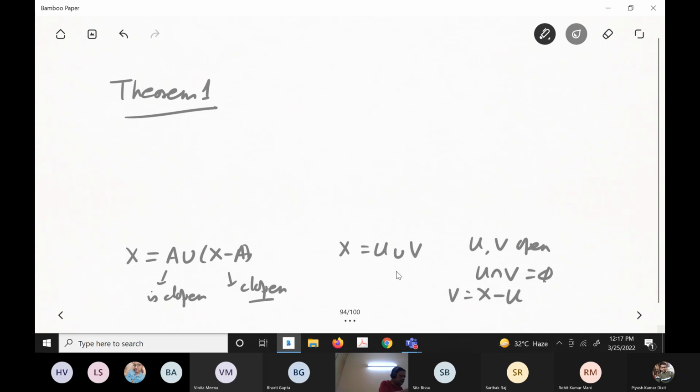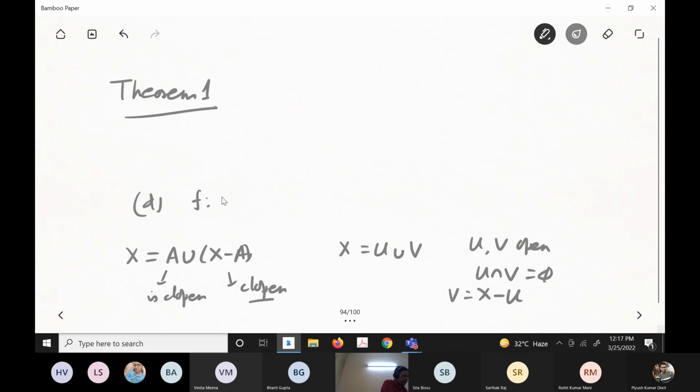But the important thing is D, you should look at that. Any functions are equivalent to that. Often, while dealing with connectedness, we use D. D is saying what?